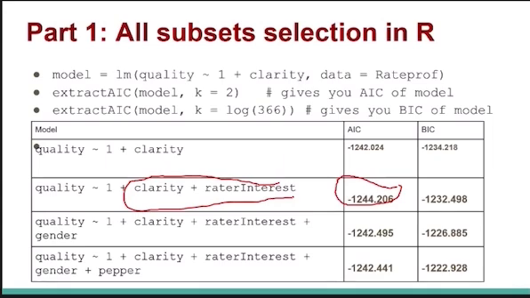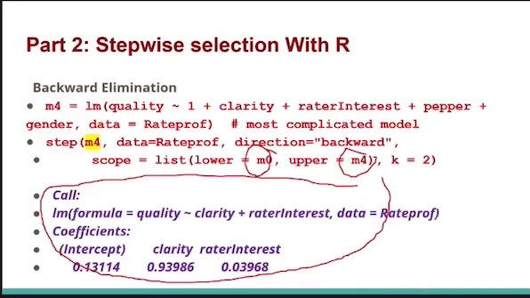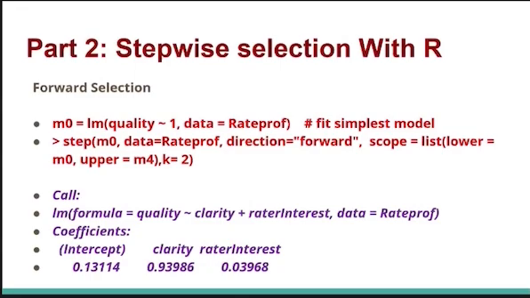Now I'm going to do the same for forward elimination. Don't forget the forward starts with the simplest model, M0, and that is why you see quality on 1, and you indicate forward.